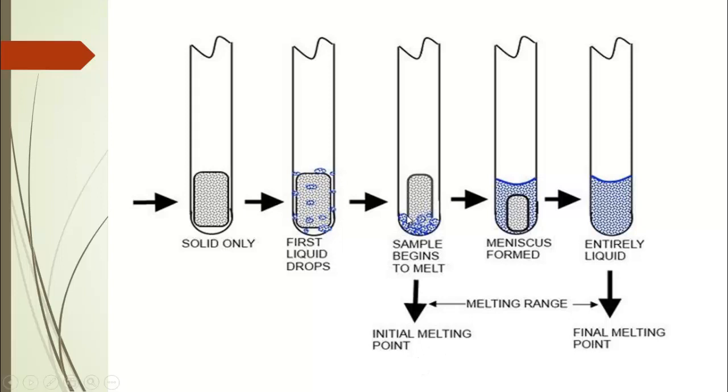Its melting starts here, and after some time we will see a meniscus formed. That means this layer is formed, and after some time finally we will see the whole wax is melted here, entirely liquid. So this is the final melting point. So this melting range is actually the melting point of wax.